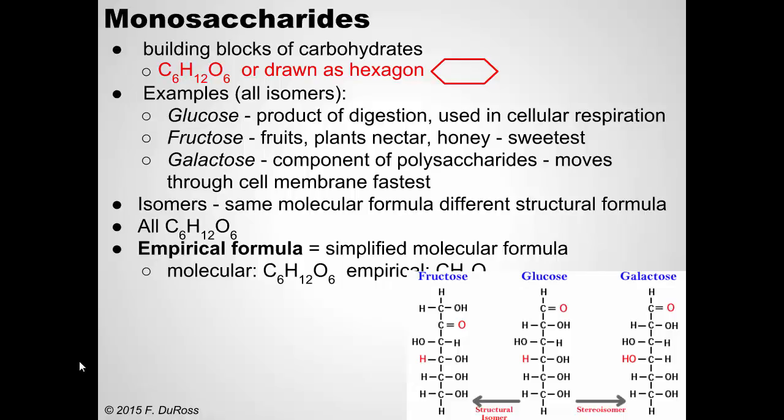Okay? So fructose is a structural isomer, which means its structure is different, whereas galactose and glucose are basically reversed. They're called stereoisomers. So you see the difference is just in this carbon here, in the swap between the hydrogen and hydroxide.